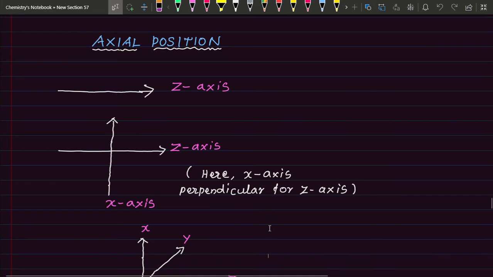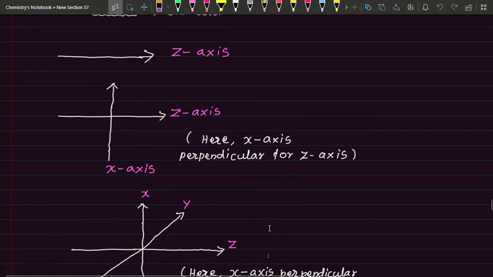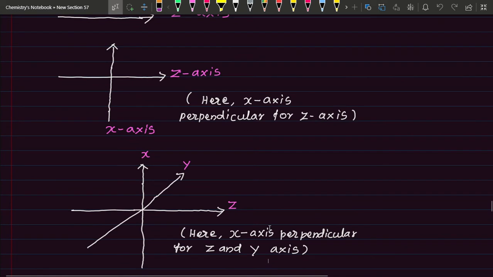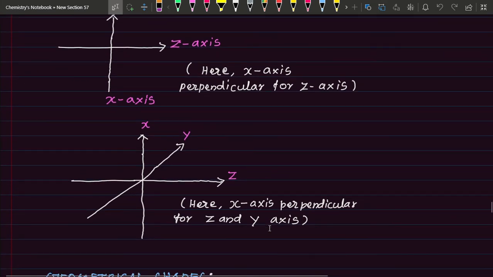Next, here because atoms are spherical, that is why we wrote it like this. Next, this is the z-axis, this is the x, this is y. This y is also perpendicular to the z-axis. So we cannot draw exactly.